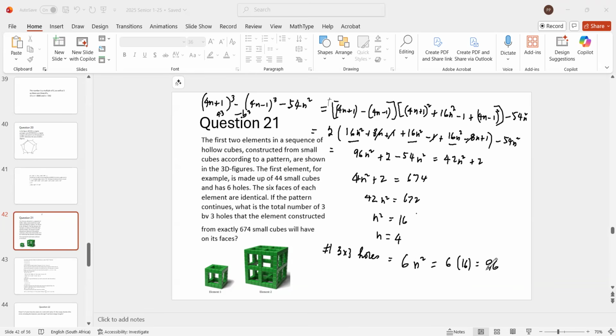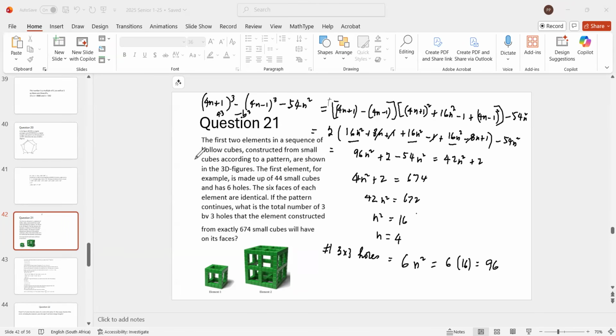So the answer is 96. The question is the number of holes. 96 holes in the figure, which has got 674 small cubes which are used to construct it.